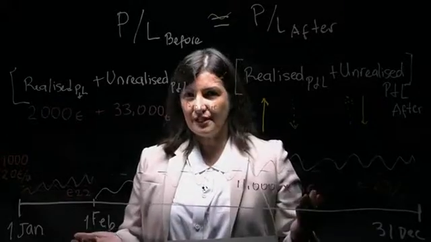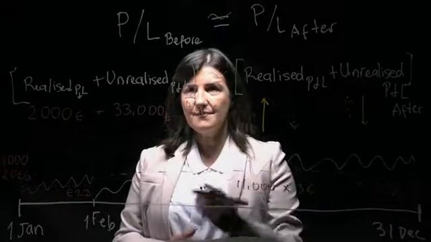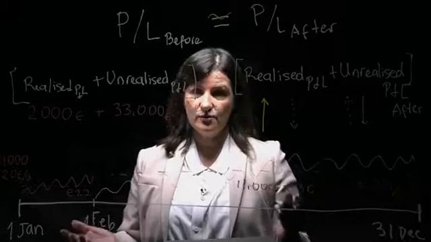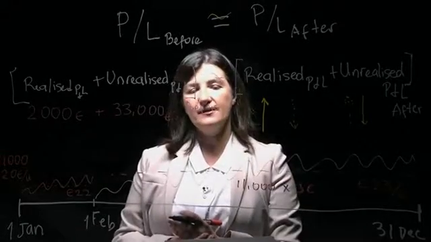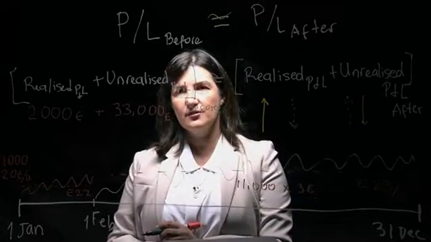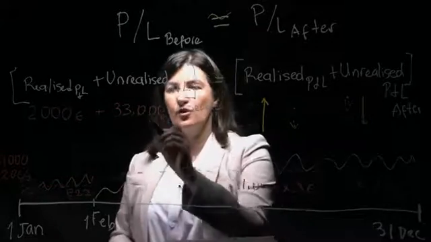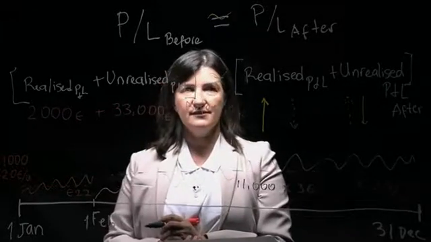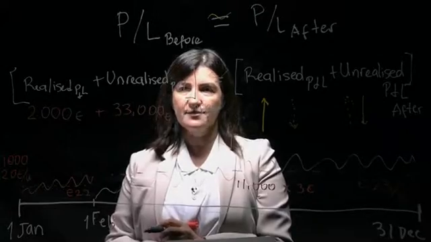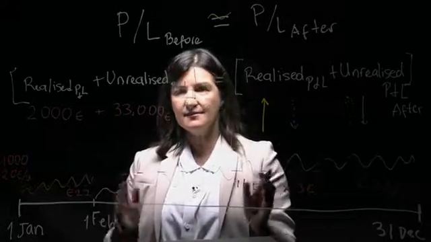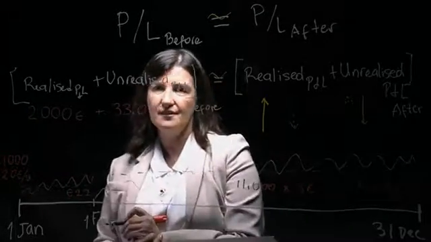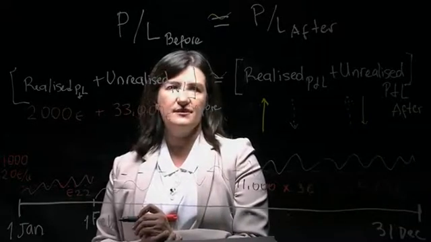If they're not going to deliver more gas, but the trader is making money, the only fair thing to do is that the company pays the trader those 33,000 euros profit. So those 33,000 euros become realized P&L, because it's money that is coming in today. It is already a certain profit.